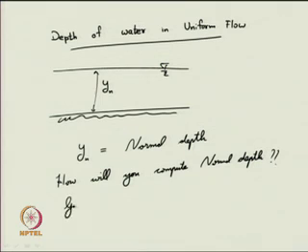Say given discharge Q, Manning's n and S naught. If all these parameters are given to you, how will you compute your normal depth? So, you know that velocity is equal to 1 by n R to the power of 2 by 3 S f to the power of half. Your discharge is velocity into area of cross section.